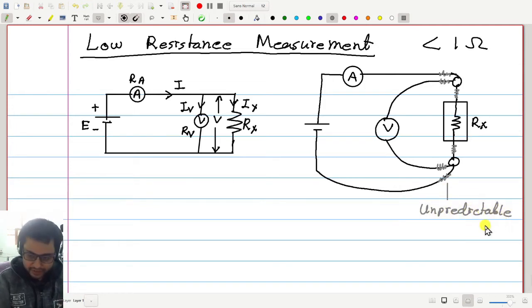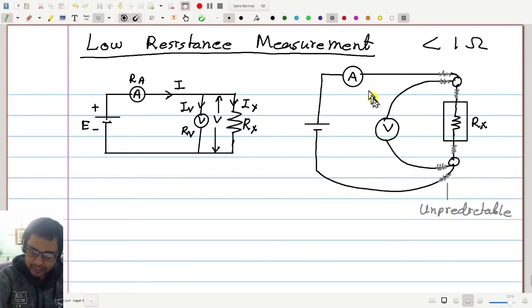In measurement, if anything extra comes, and if that is well predictable, well known, that is not a problem. But if something is not predictable, not well known, that is a bigger problem. Now what will happen?